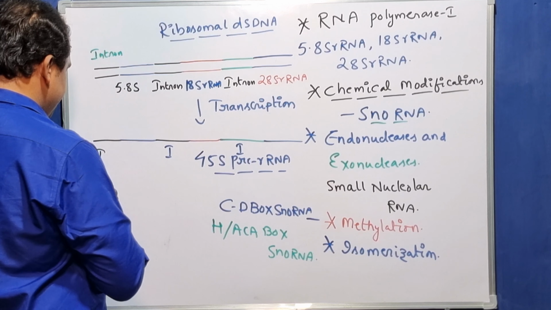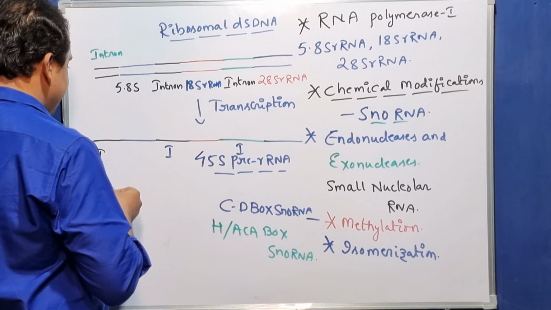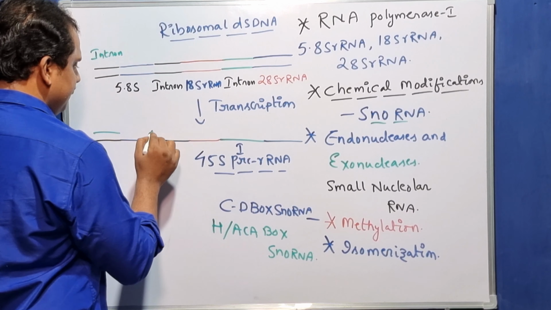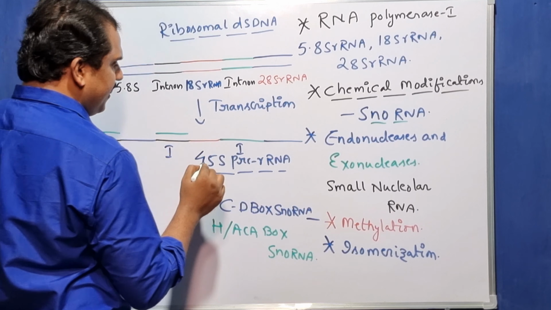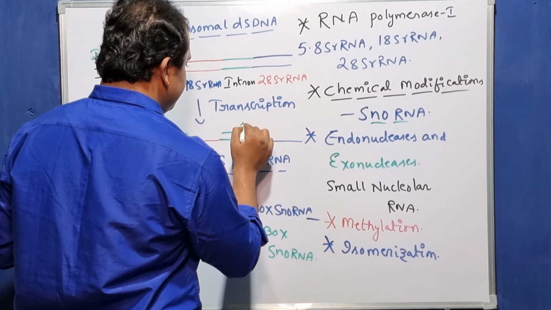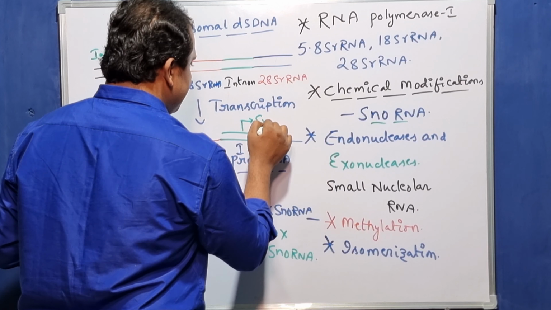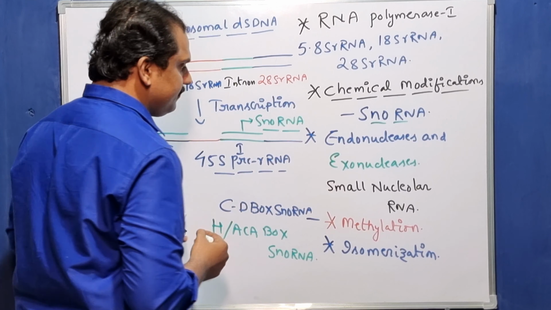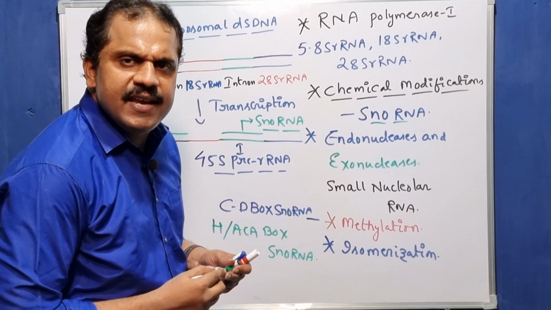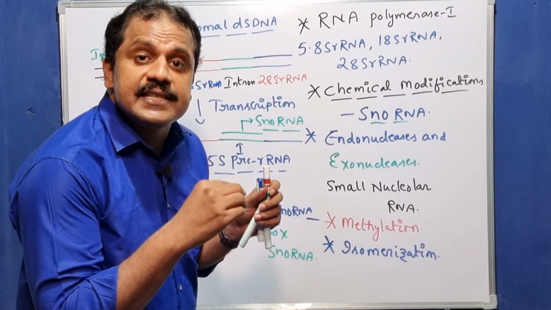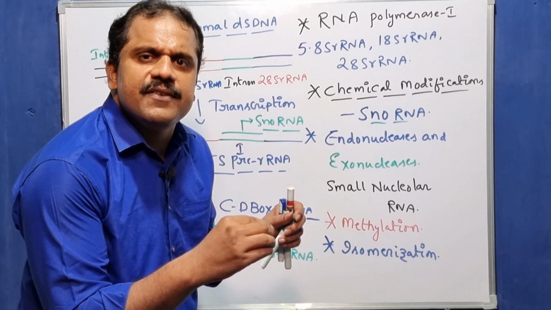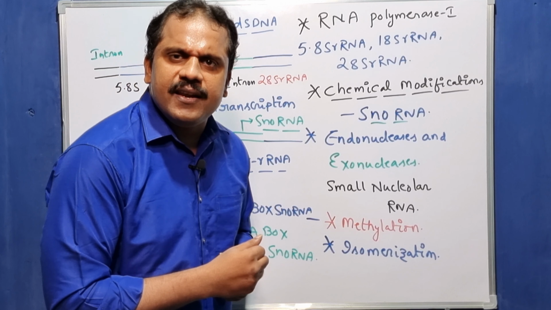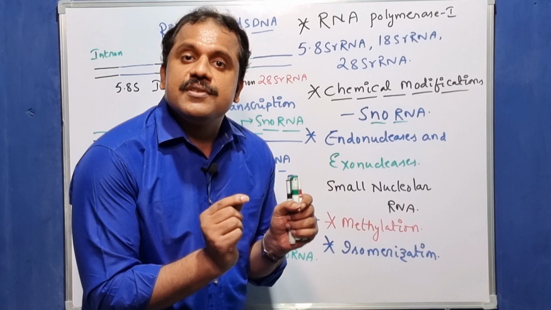So to the specific introns, the snoRNAs undergo base pairing. So it is nothing but snoRNA, right? Once the specific snoRNA successfully base pairs with the non-coding sequences or the introns, under such condition, the snoRNA is capable of inducing the methylation.